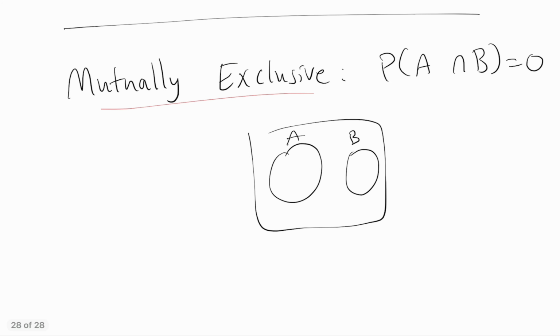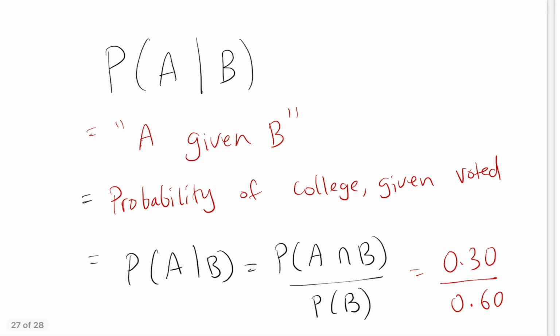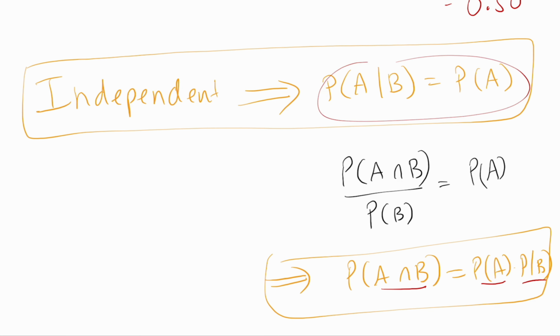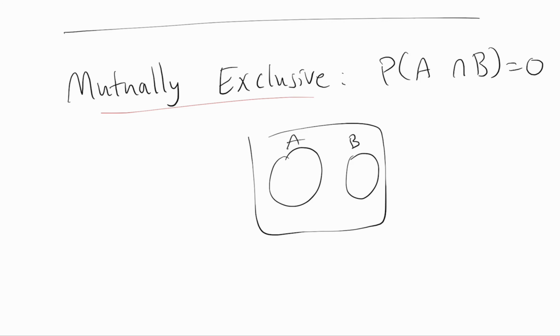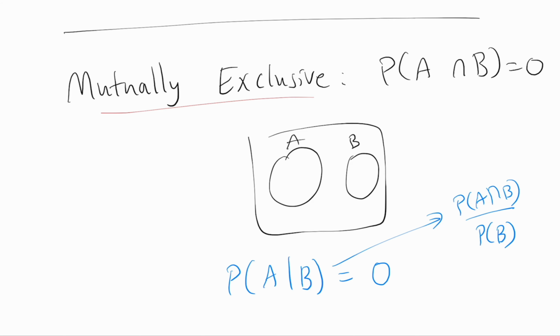But it turns out that if they're mutually exclusive, then they're definitely not independent from each other, because if they were independent, then A given B would be A. Versus here, if they're mutually exclusive, then the probability of A given B would simply be 0, because keep in mind the formula is the overlap over B, so the overlap divided by P of B. But for the overlap, there is nothing.